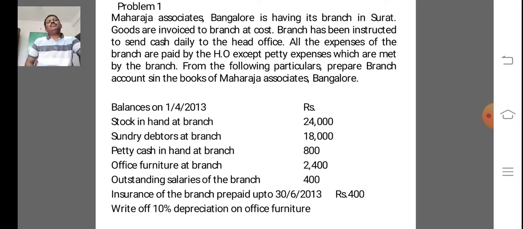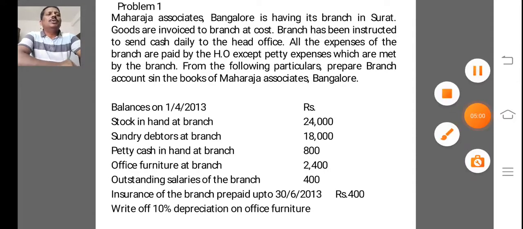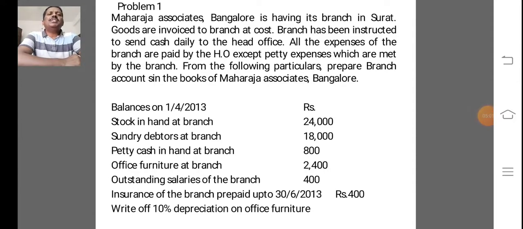I am taking problem number 1. Maharaja Associates, Bangalore, is having its branch in Surat. Goods are invoiced to the branch at cost. The branch has been instructed to send cash daily to the head office.